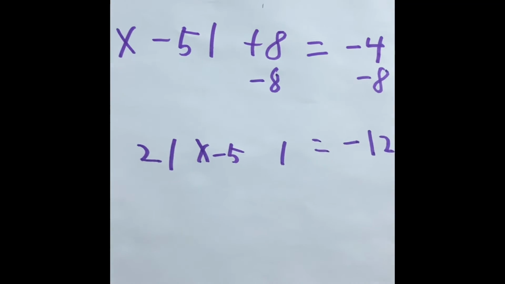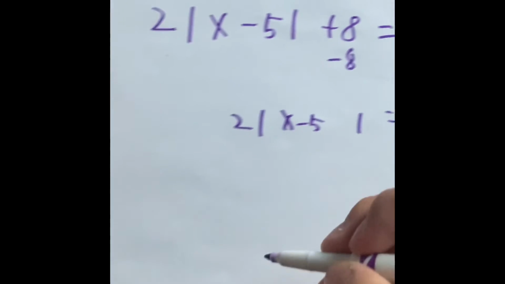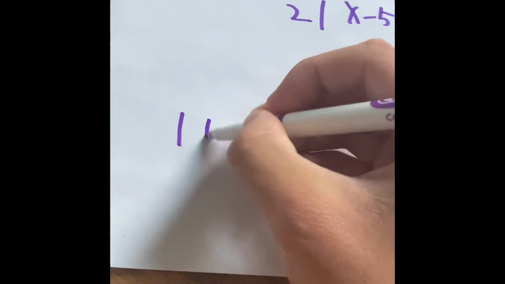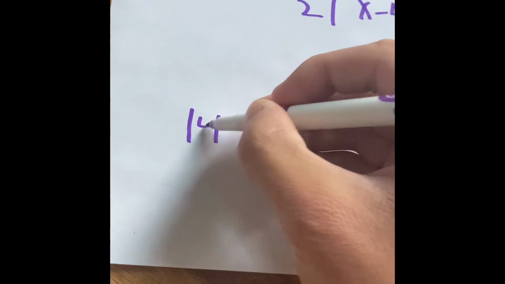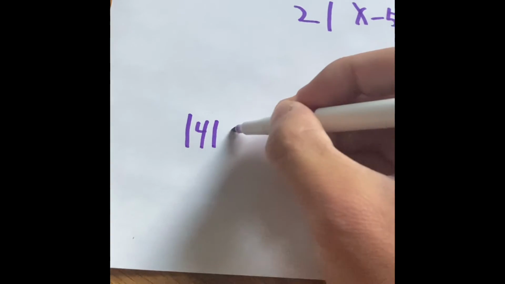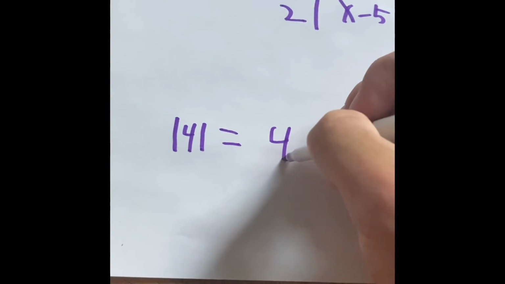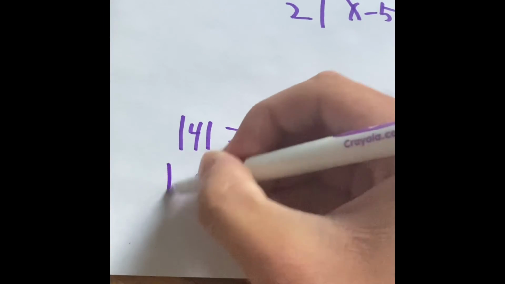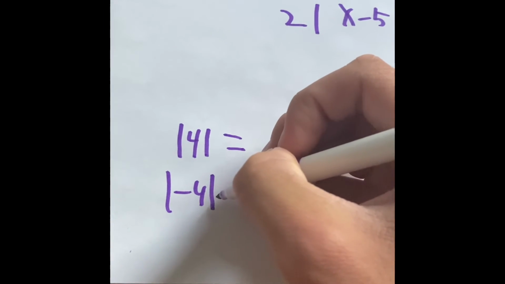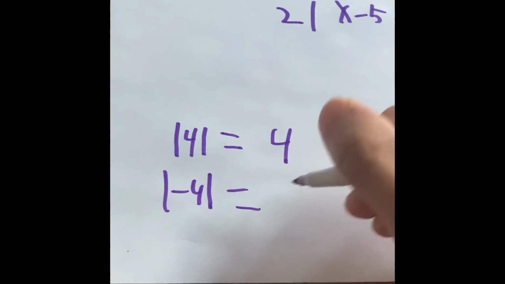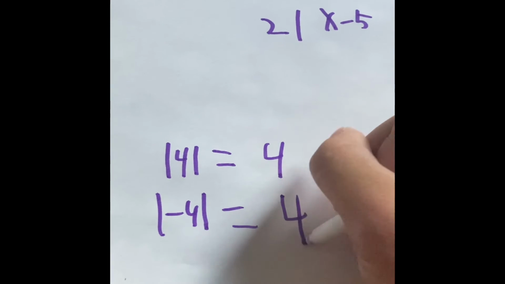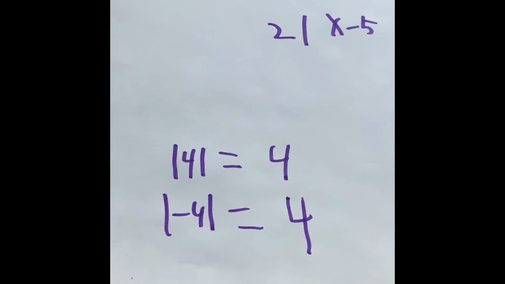But there is a problem. What we're trying to do is get a number in absolute value bars, like 4, just one number, and it's going to become a positive number. And vice versa: a negative number in absolute value bars is still going to be a positive number. But there is one problem.